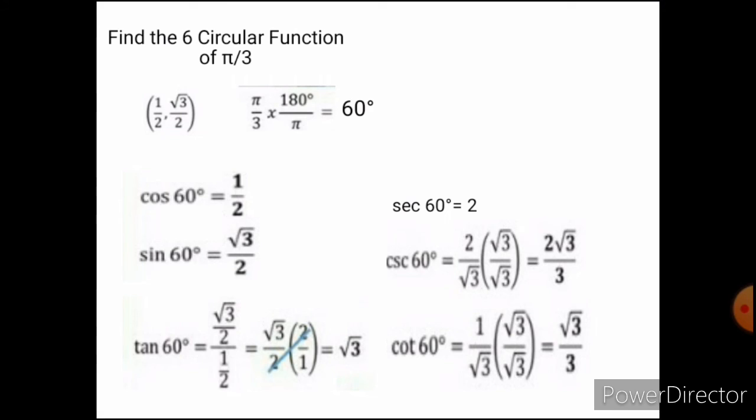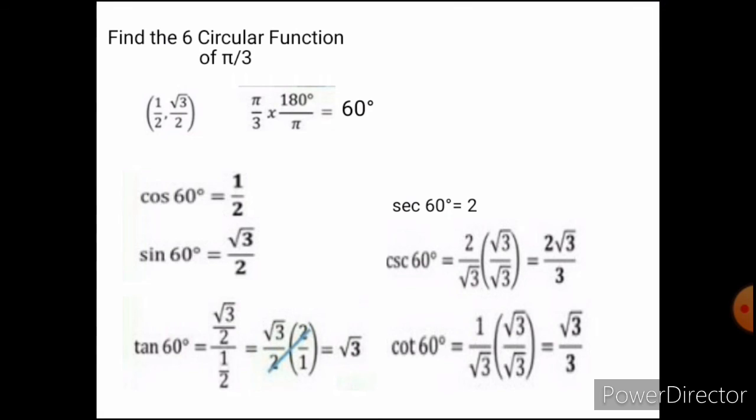And then next we have secant 60. It is the reciprocal of cosine. If our cosine is 1 half, the reciprocal is 2. We have cosecant 60. This is the reciprocal of sine. We have square root of 3 over 2. The reciprocal is 2 over square root of 3.